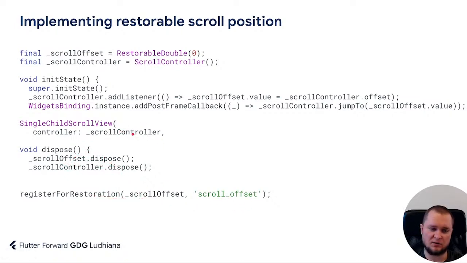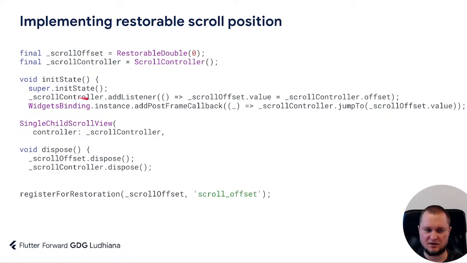If you haven't used a controller before, for example, because you don't need to scroll it programmatically, you need to add that controller to the scroll view. And two important things. We need to somehow make this scroll offset, Restorable scroll offset, up to date, so it always holds a current scroll value.